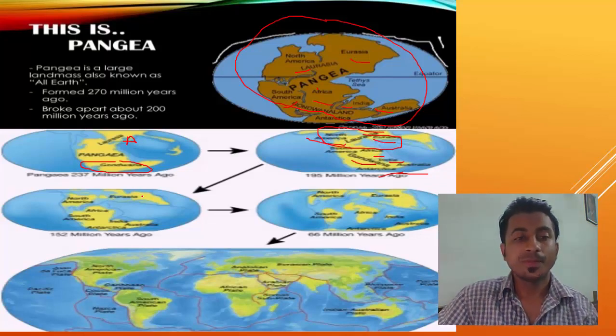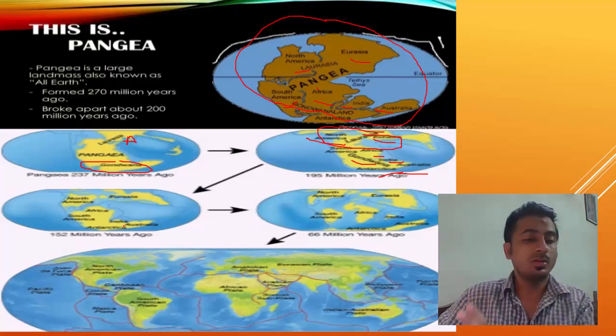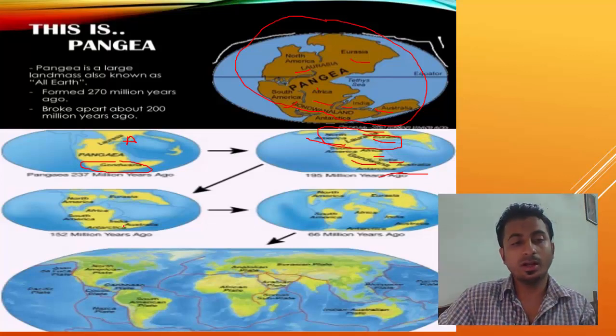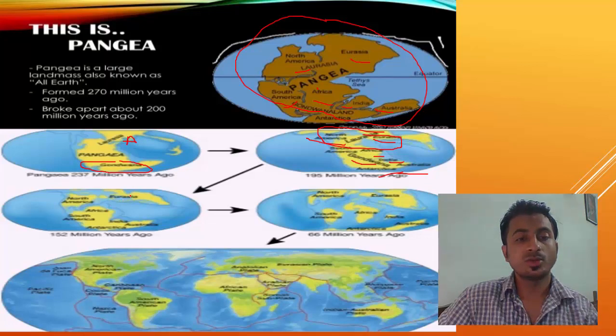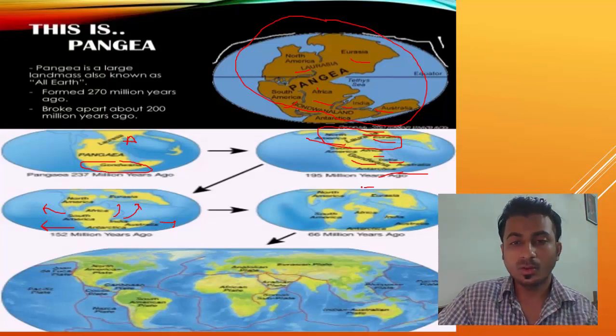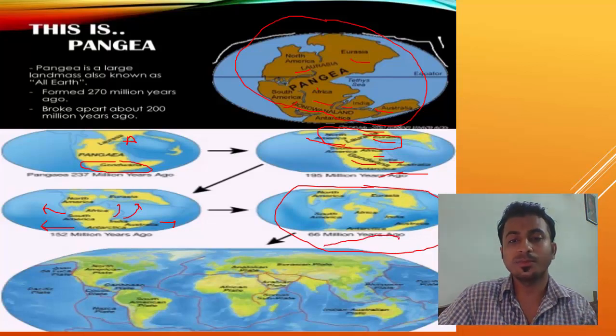Then after that, continents moved more towards the current orientation. Eurasia moved towards north, North America towards west, then South America also towards west. Africa came here, India moved here, Australia will move there, and hence today's continents got formed, which were formed 66 million years ago.